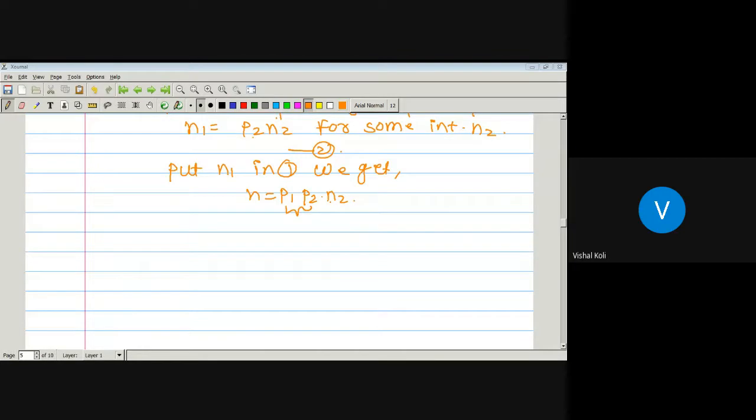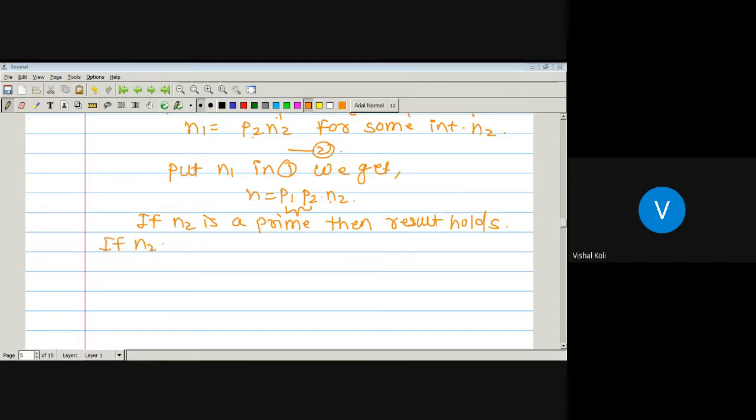Now again there are two cases for n2. If n2 is a prime, then the result obviously holds, since it is a product of 3 primes. But if n2 is not prime, it means it is a composite number.